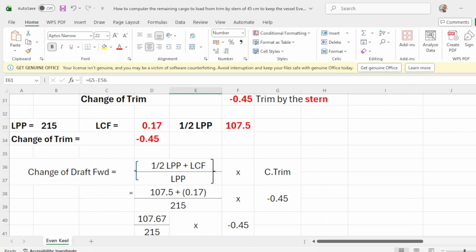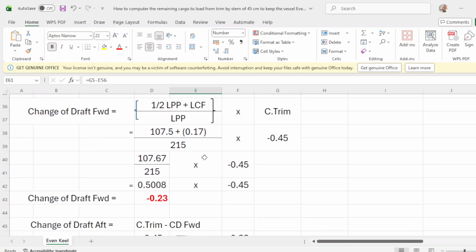You add together 107.5 plus 0.17, that will be 107.67 over 215 times your change of trim. You divide this and the value will be 0.5008 times your change of trim, then your change of drop forward will be 0.23.